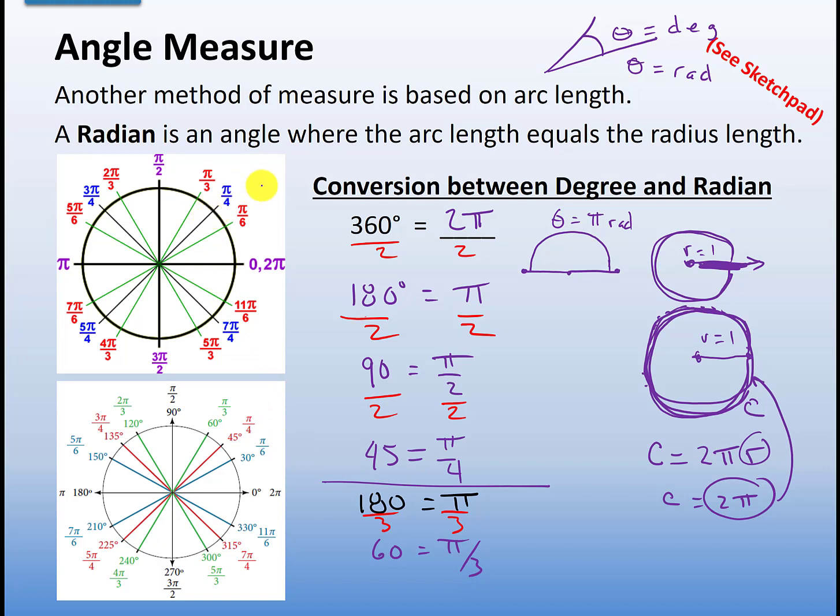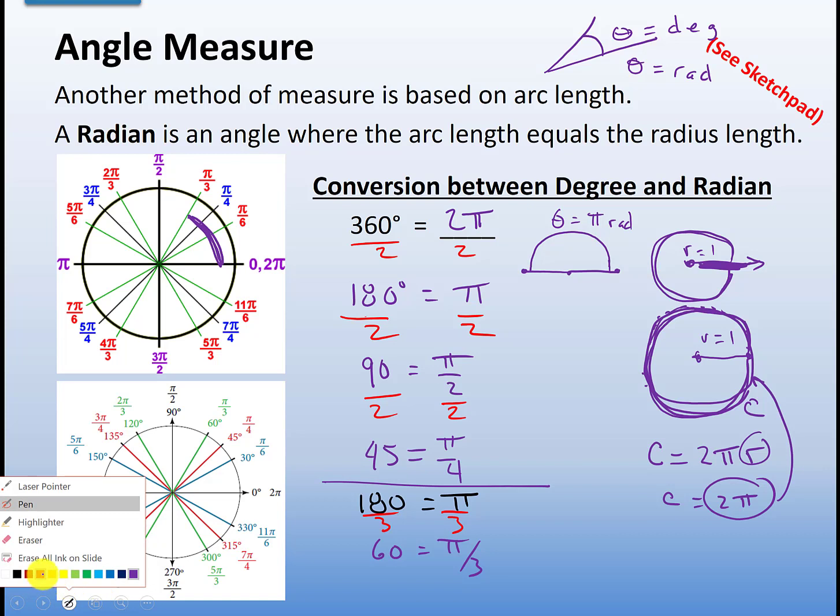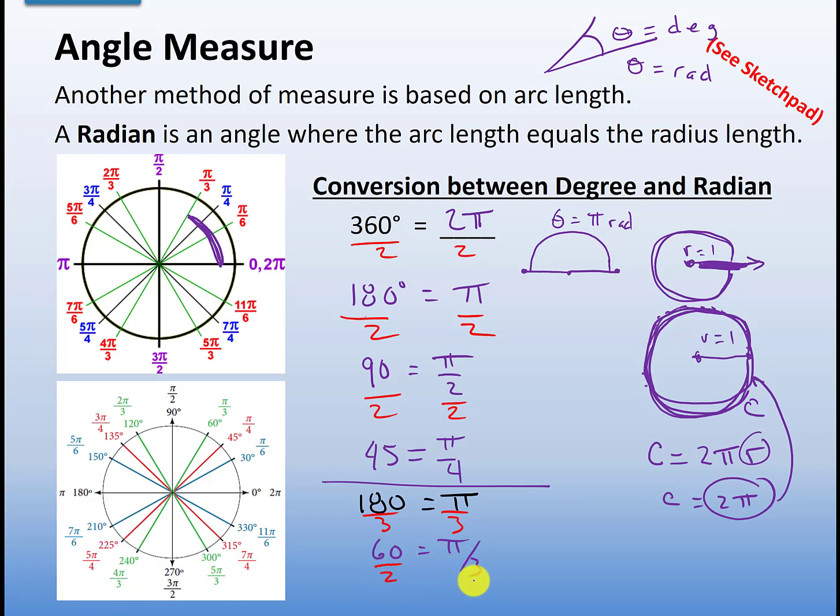So if I do this one right here, pi thirds, that's the same as 60 degrees. One last one, I could divide that one by 2 one more time. And that would give me 30 degrees equals pi thirds divided by 2 is pi sixths.